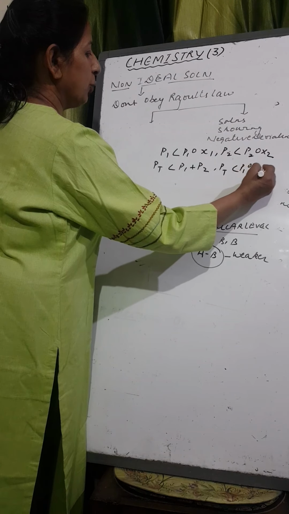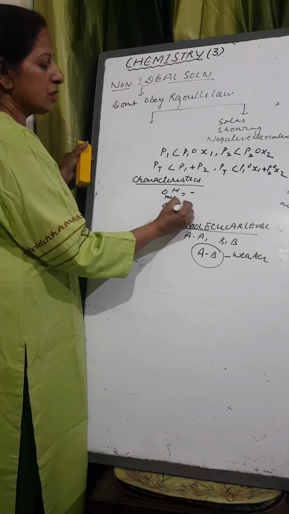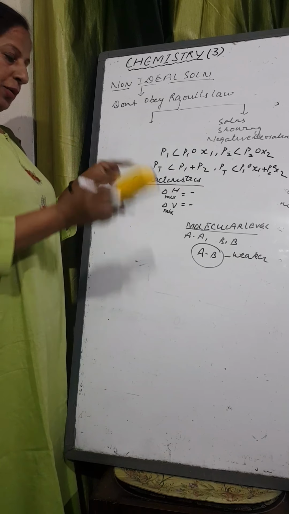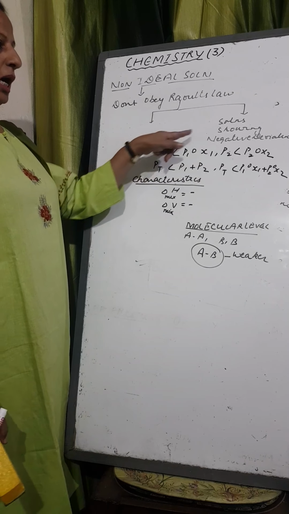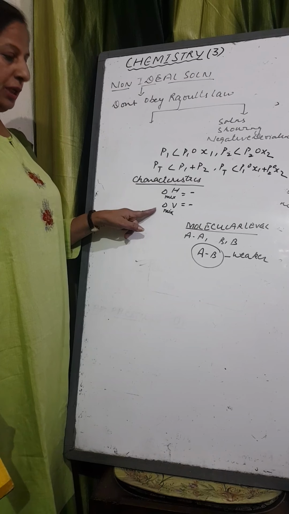Let's see the characteristics of the solutions showing negative deviation. In this case, del H mixing is negative, that is, energy is released when such solutions are formed, and del V mixing is also negative, that is, when the two liquids are mixed and we get a solution showing negative deviation, the resulting volume decreases.